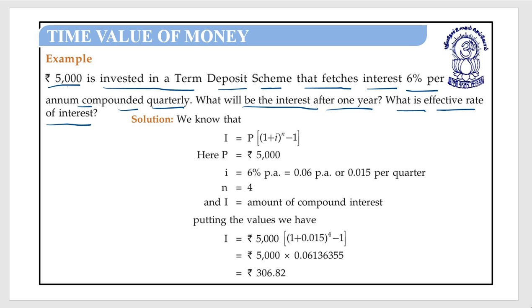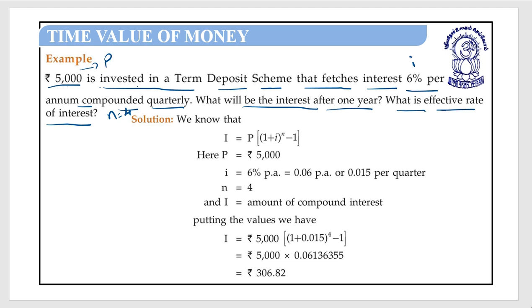Here 5,000 is invested, so P is 5,000. The scheme fetches interest of 6%, so i is given. Per annum compounded quarterly means n is equal to 4.